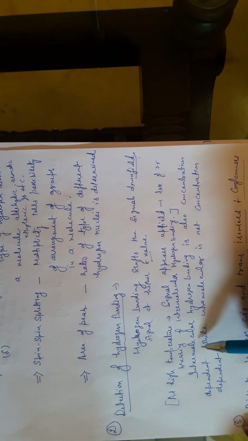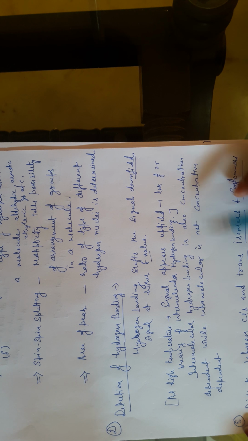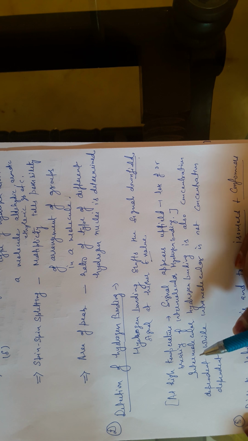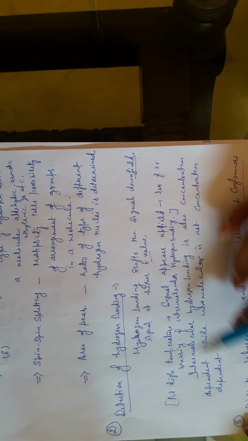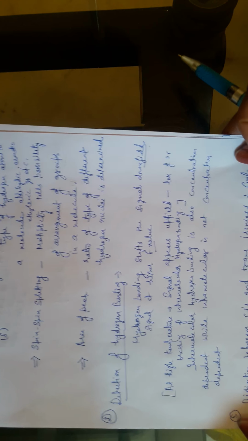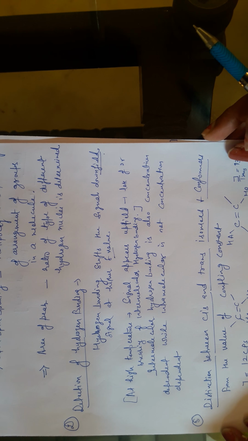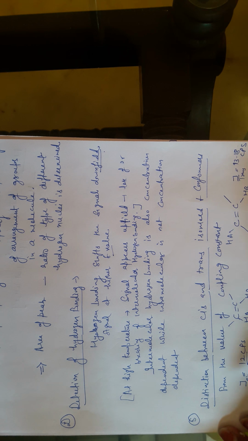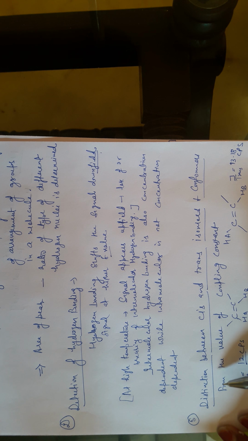And as intermolecular hydrogen bonding is concentration dependent, its shift will vary, while intramolecular hydrogen bonding is not concentration dependent, so we will not get any difference there. Okay, next it also gives information about cis and trans isomers and conformers.